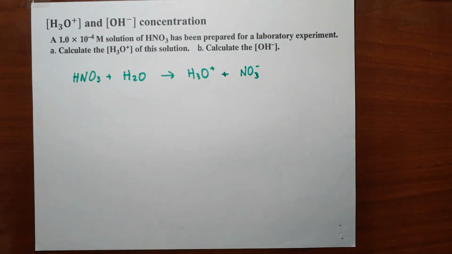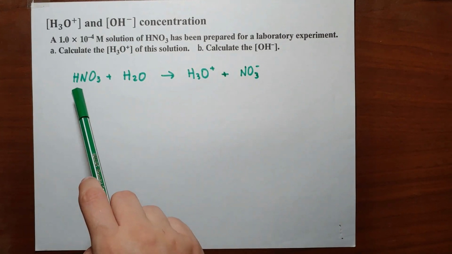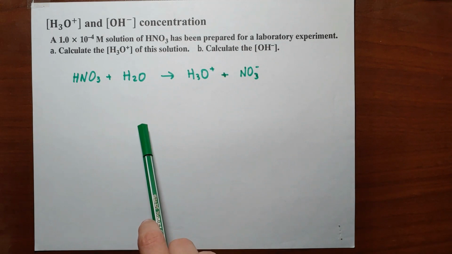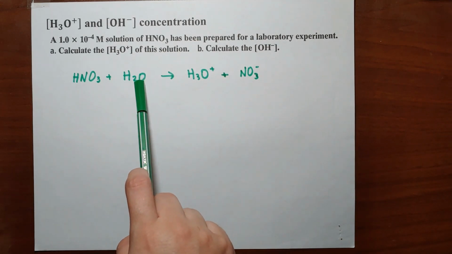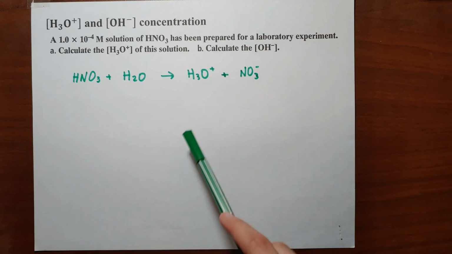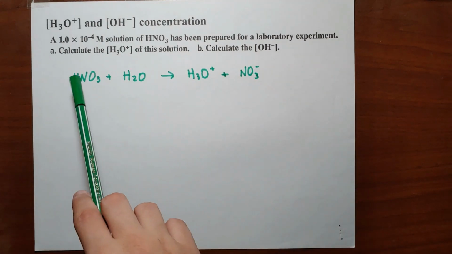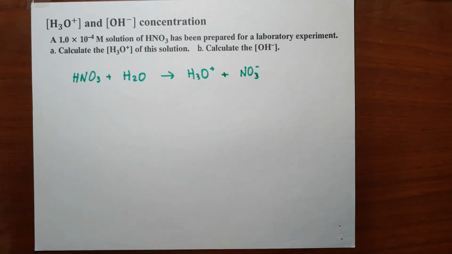Okay, now we see if it's balanced. As you can see, we have 1 plus 2 hydrogens, so 3 hydrogens, and we have 1 plus 3 oxygens, or 4 oxygens, and nitrogen 1 and 1, so it's balanced.